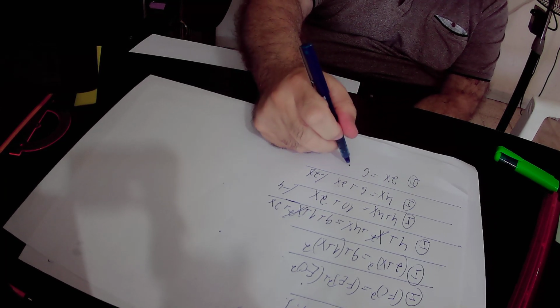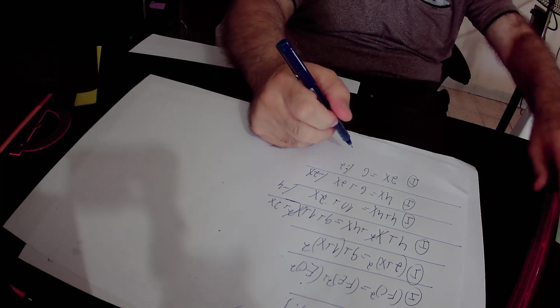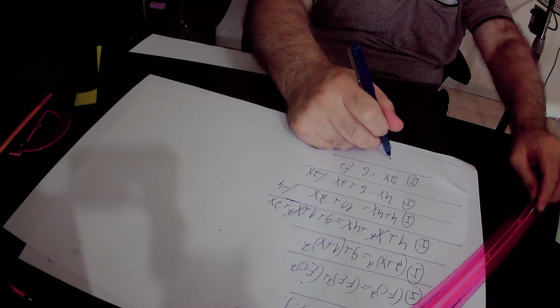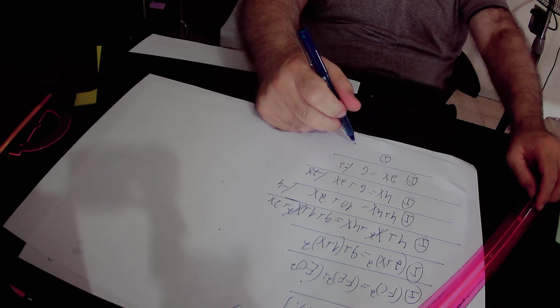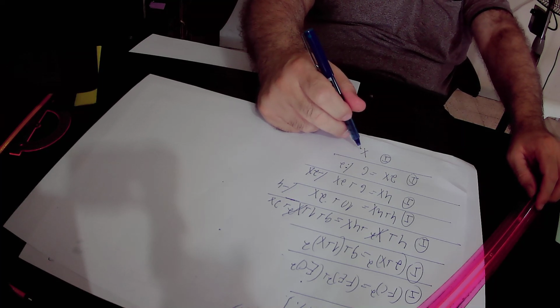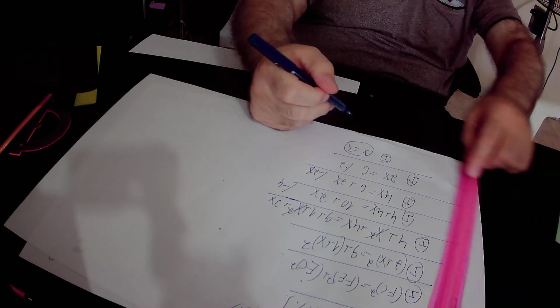Here we divide equation number 1 by 2, and we get that according to equation number 1, x equals 6 over 2, which is 3. So x equals 3 units.